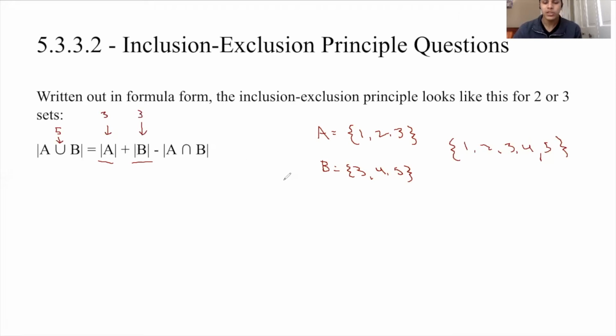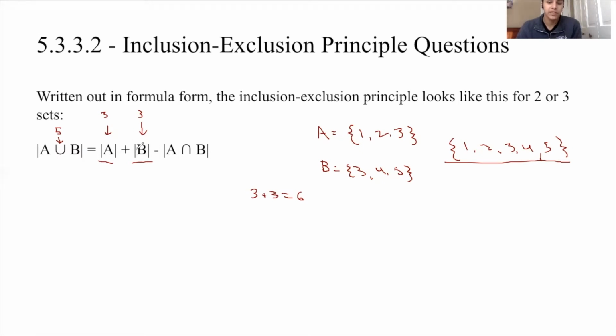Now, if we were just told that set A and B have 3 numbers each, and it wanted us to find how many numbers were in A union B, well, there are only 5 numbers. So something doesn't add up, right? If we're just to do 3 plus 3, that equals 6. So there are 6 numbers total in the 2 sets, but when we find a union, there are only 5 numbers. And that's why we can't just add how many numbers there are in these 2 sets all alone.